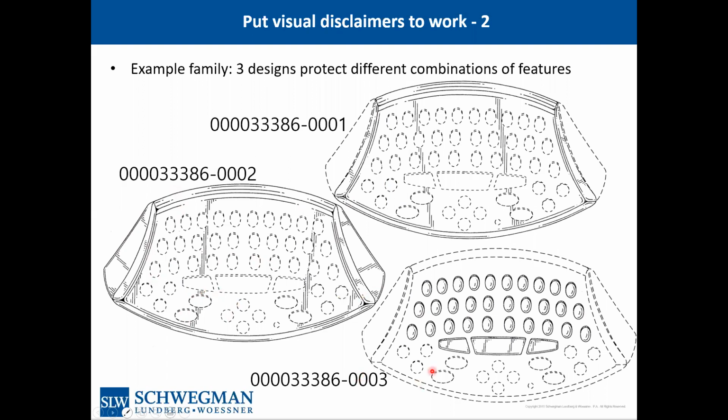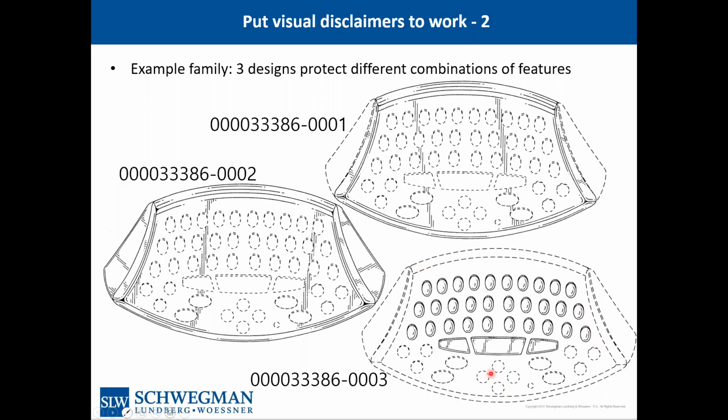You could infringe design number 3 with any kind of body for the keyboard if you come too close to that layout of the oval-shaped QWERTY keys and the bars below. So what this set of designs are saying is, don't do anything like that, and don't do anything like that.